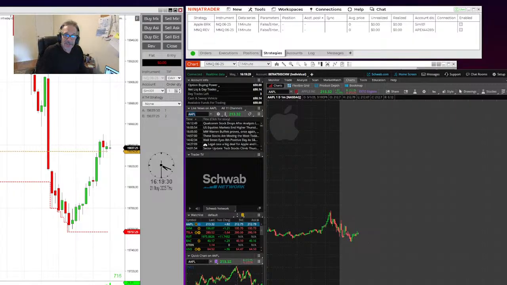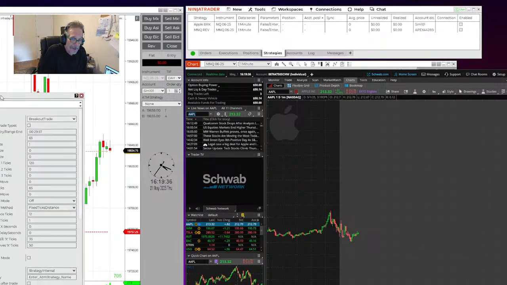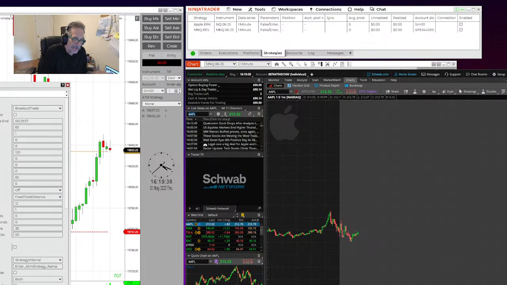The key is protect yourself with your target one stop move. Make it something like break even or break even minus 10.